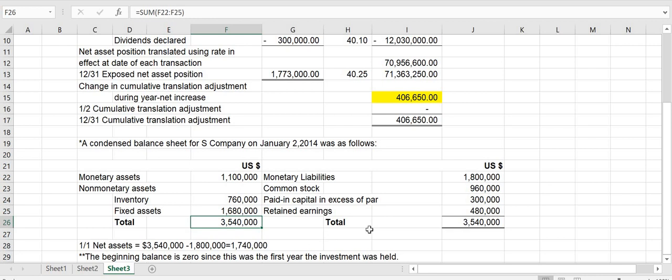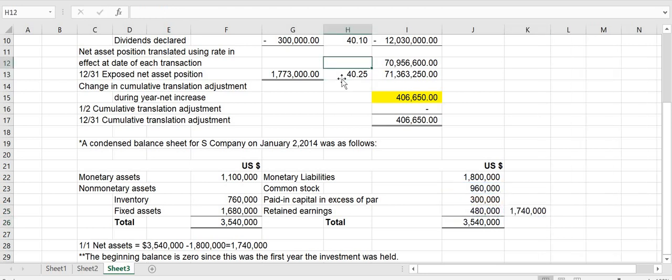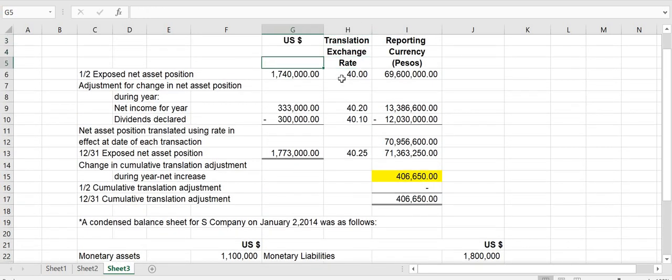So our net assets is actually 1,740,000. This is actually the sum of your equity accounts beginning, di ba? 960,000 plus 300,000 plus 480,000, you have 1,740,000. Okay? So exposed net asset beginning times the historical exchange rate, we do have 69.6 million.